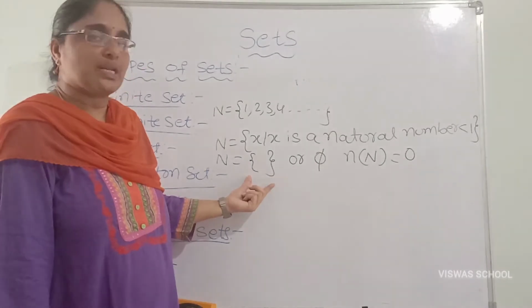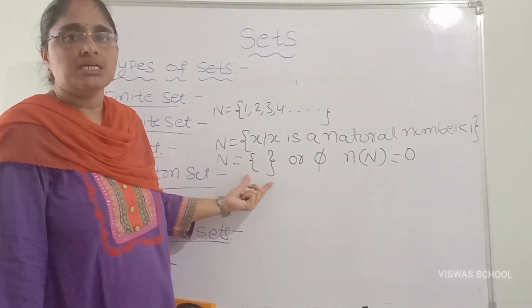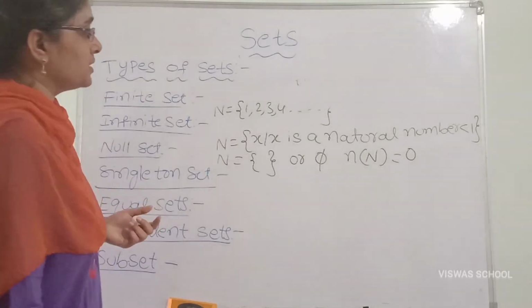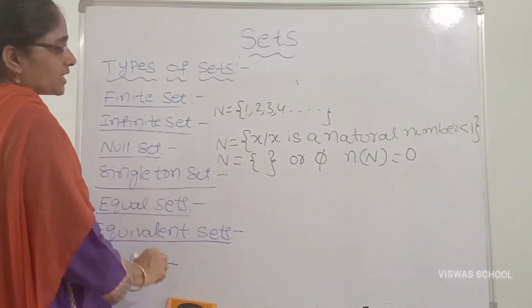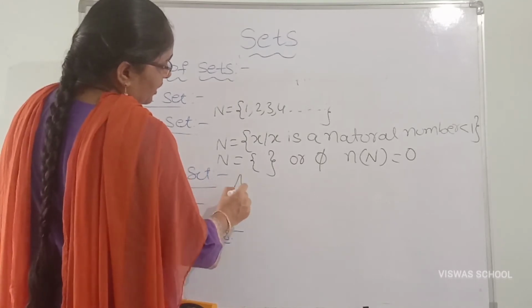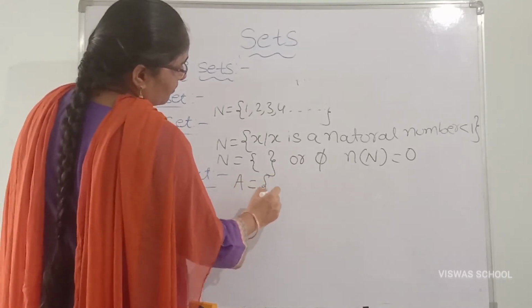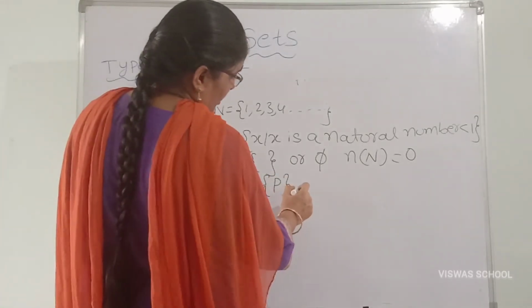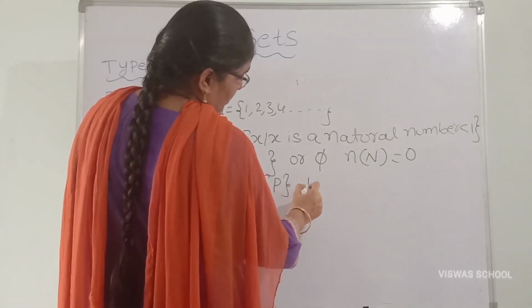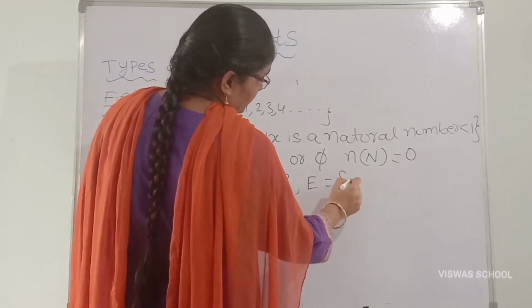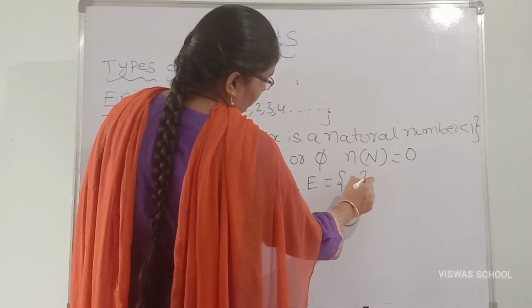The number of elements in the null set is always 0. Next one is the singleton set. Singleton set means, for example, I am writing here A equals, and E equals, some element here, 3.